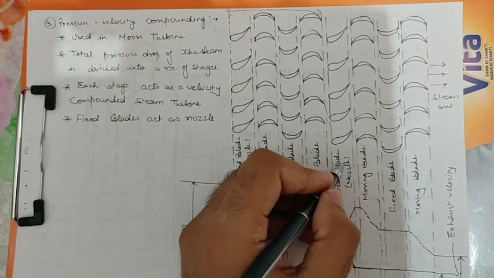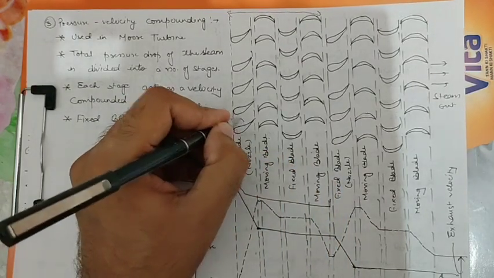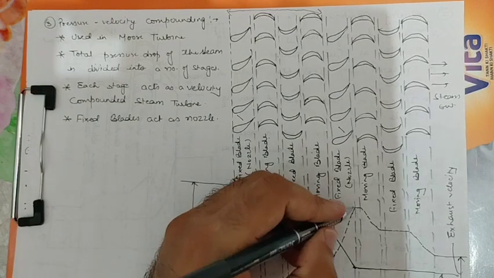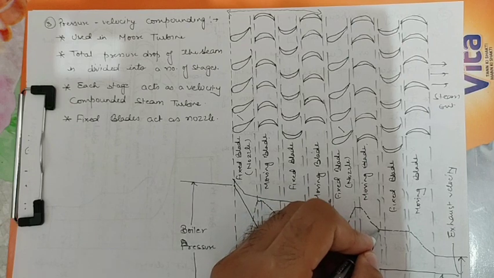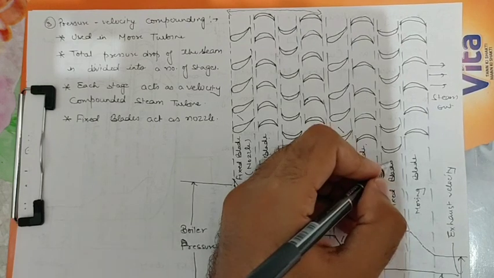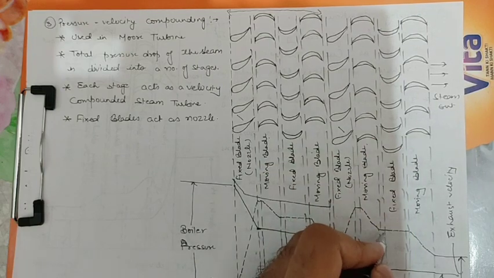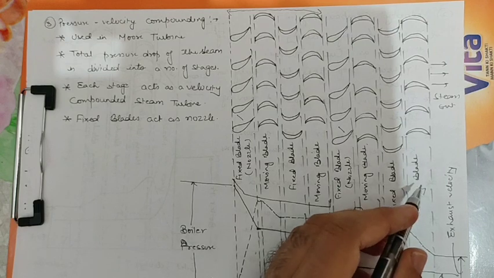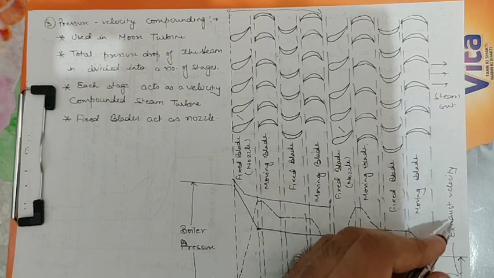And again there is a fixed blade that acts as a nozzle. Only the blades having the aerofoil shape act as nozzles. So again velocity increases. Again there is a row of moving blade, so energy is absorbed and velocity decreases. Again there is a fixed row that only redirects the steam to the next row of moving blade, hence the velocity is constant in the fixed blade. And again there is a moving blade, so it absorbs the velocity, and the steam gets out of the turbine. So this is the exit velocity.